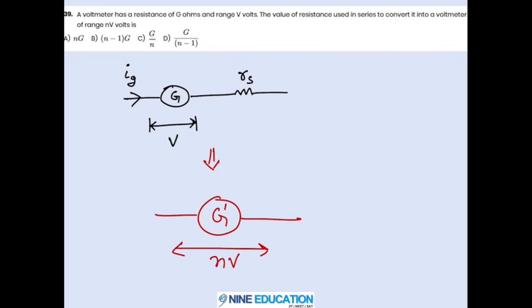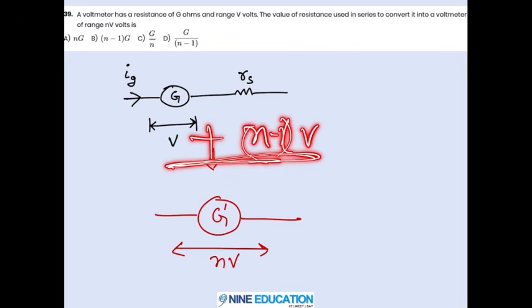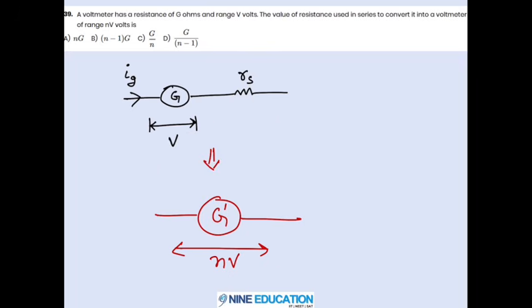Now already V volt is given here. That means across this series resistance, N minus 1 into V volt potential difference should be created, so that if you add V plus N minus 1 into V, you will get NV.